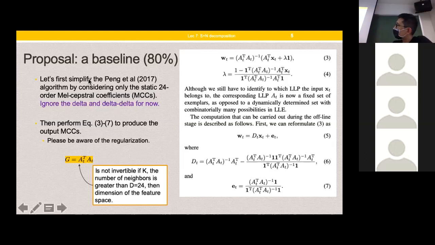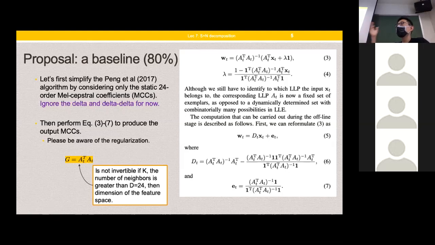For the baseline, let's first simplify the scenario a bit by only considering the static 24th order mel cepstral coefficients. From your vocoder representation, you should be able to convert to 24th order mel cepstral coefficients, so that our feature space is 24 dimensional, only the static ones, without considering the deltas.